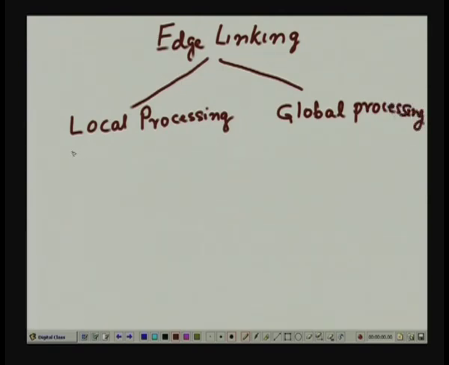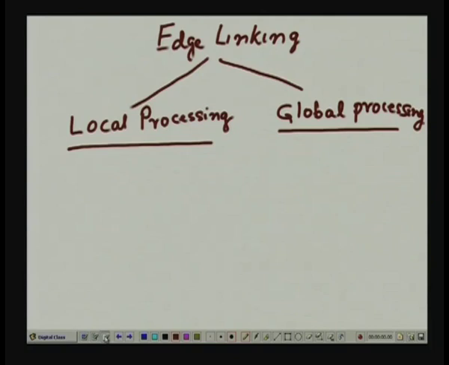Whether we go for local processing or global processing, our aim is that we want to link all those edge points which are similar in some sense, so that we can get a meaningful edge description.